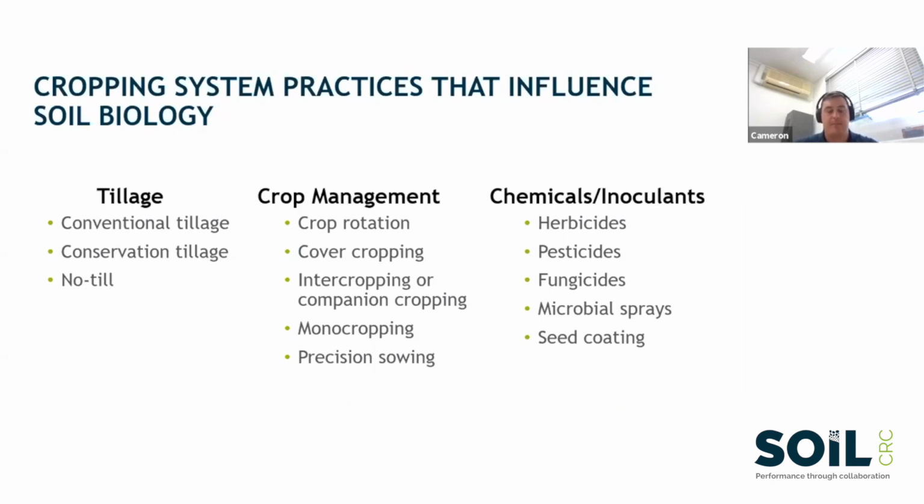Then it may last that one season, and if you don't put a cover crop on, that particular microbe might not survive because it needs a constant feed of nitrogen or carbon, or it might be an AM fungi, so it needs a root system. If it doesn't have a root system to hang on to, it's gone within the next growing season.